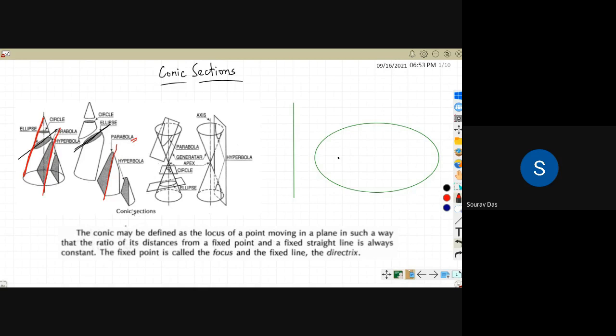And we get a hyperbola if the cutting plane is parallel to the axis of the cone. Here you see the cutting plane is parallel to the axis of the cone, so in that case we get a hyperbolic section.